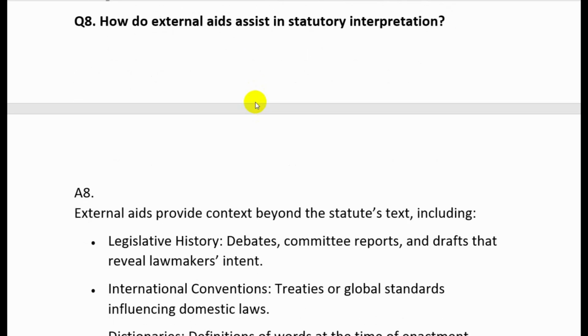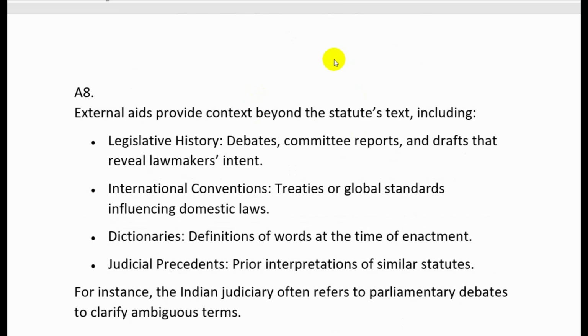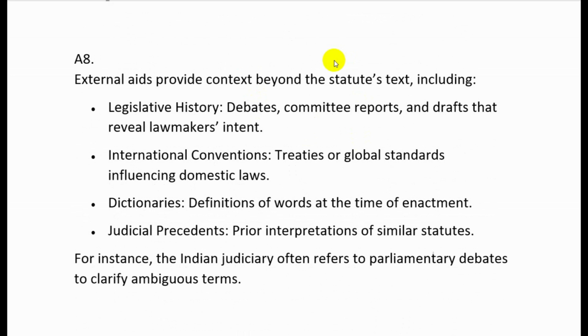Next question. How do external aids assist in statutory interpretation? There are internal aids and external aids. So we'll look at only the external aids right now. Aids are basically helpers in a way. So external aids provide context beyond the statute's text. If one has to understand what the law is trying to say or what it is trying to mean, then these external and internal aids help us do that.